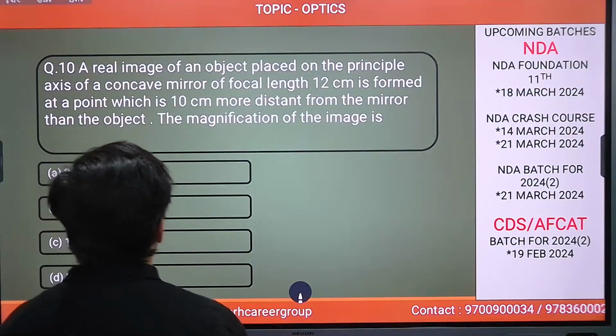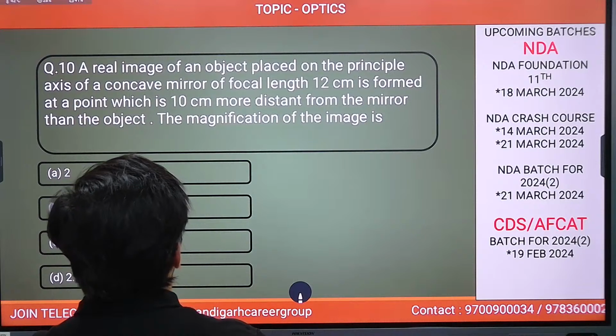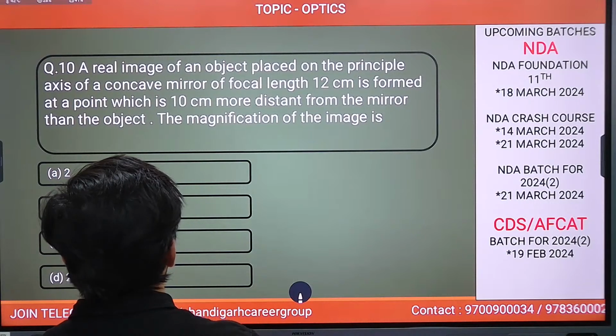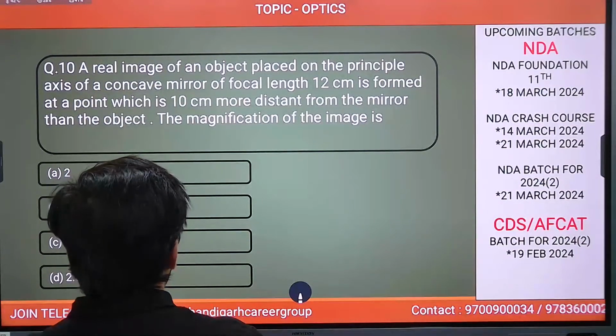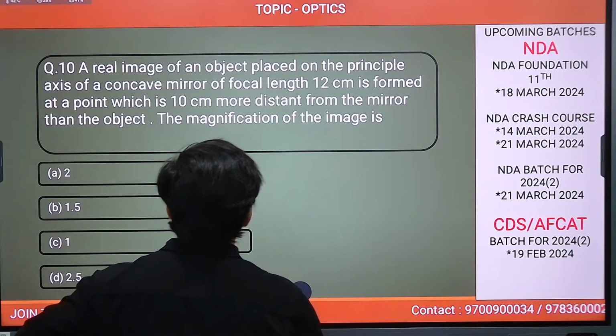Next, a real image of an object placed on the principal axis of a concave mirror of focal length 12 centimeter is formed at a point which is 10 centimeter more distant from the mirror than the object. हमें magnification निकालनी है.